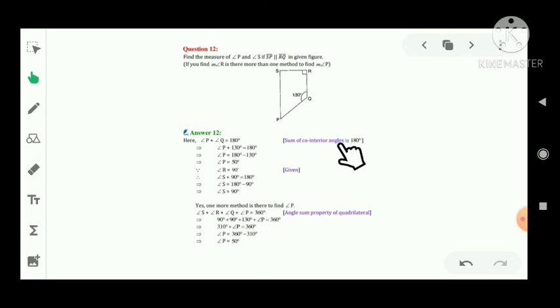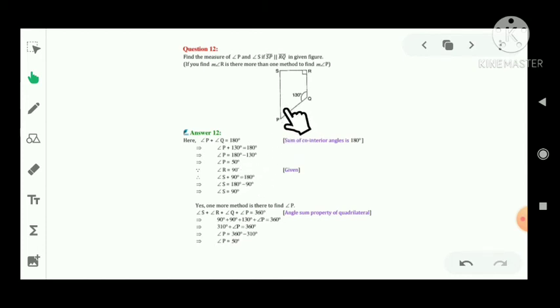So we have to use the co-interior angles property. That means angle P plus angle Q will be 180 degree. You can see here, and because angle Q's value is given here, so we can easily find out the value of angle P. That means angle P plus 130 degree is equal to 180 degree. That means angle P is equal to 50 degree.